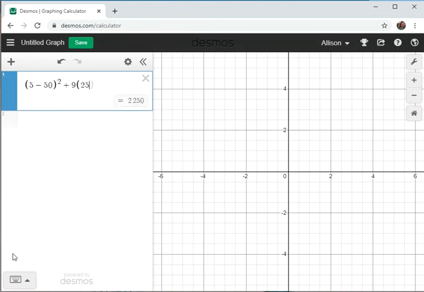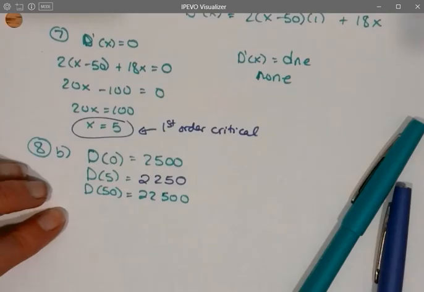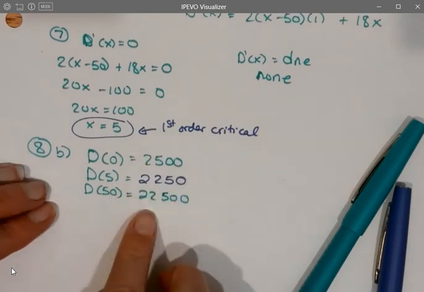So that is 2,250, and then we want to plug in 50. Okay, so 50 minus 50 squared, and then 9 times 50 squared. And so we have 22,500.